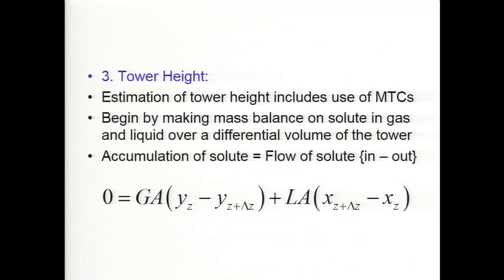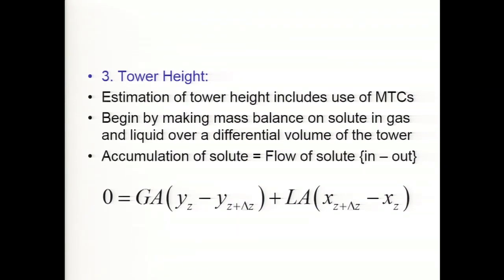What is gained by the liquid, having come in more concentrated at z, z is the lower one, right? It is coming with less concentration at z plus delta z, right? So now L A times x at z plus delta z minus x at z is going to be your input minus output. So the sum total of the input minus output is going to be 0.